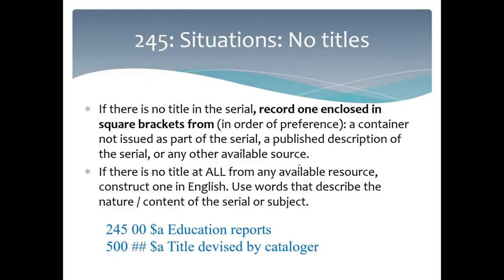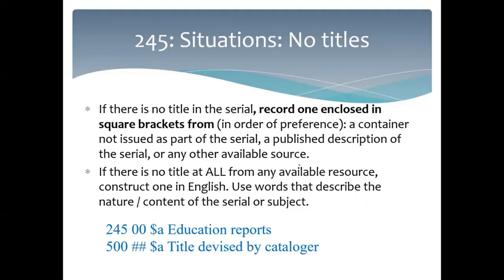If there's no title at all, then you can construct one in English. And you really should look at how you're going to come up with words that describe the nature or content of the serial. I'm thinking about these little zines and newsletters, especially small photocopy stuff that people used to do. And if you're collecting that kind of stuff, you're probably doing this a lot already.